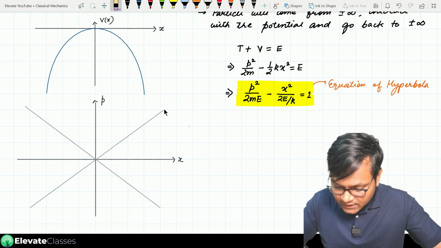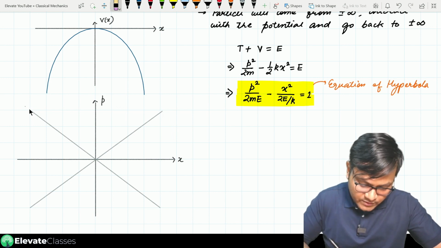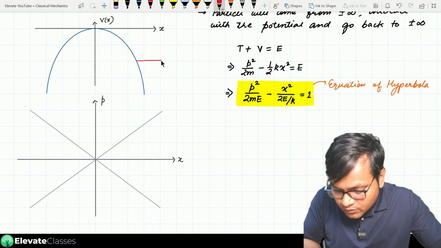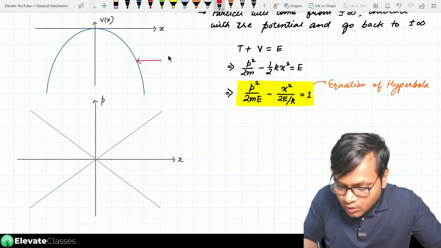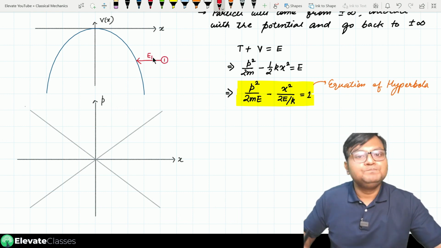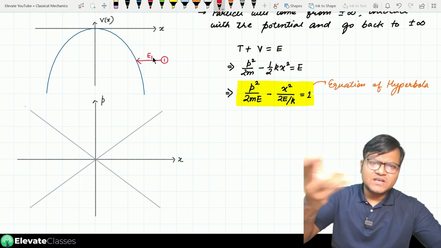If there is a particle which is approaching this system from infinity. So for example, let me take a particle that is approaching from the right. Okay, I call this particle 1. Let's suppose the particle has energy E1. Okay, negative energy hai, some random negative energy.